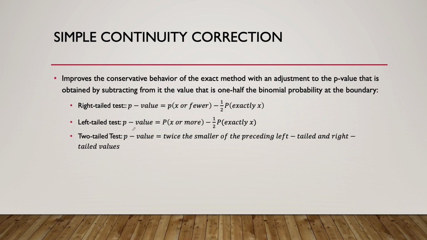Left-tailed test is the p-value is the probability of x or more minus 1/2 the probability of exactly x. And the two-tailed test is the p-value is equal to twice the smaller of the preceding left-tailed and right-tailed values.